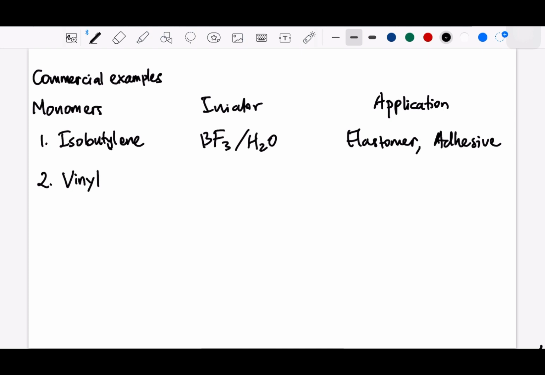This is vinyl ester, sorry, vinyl ester, same system. This is also for adhesive and also for plasticizer.